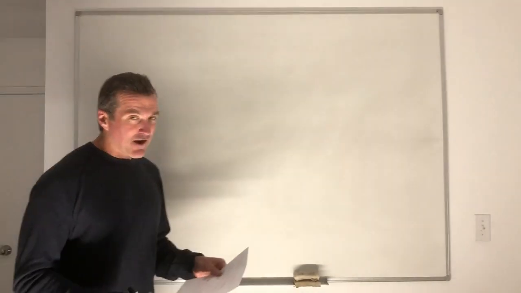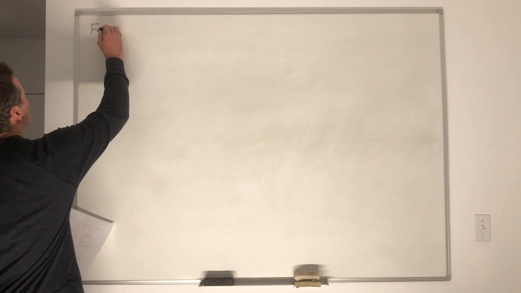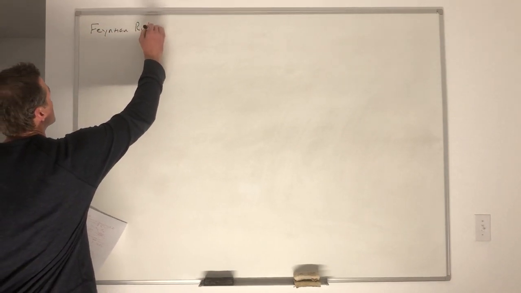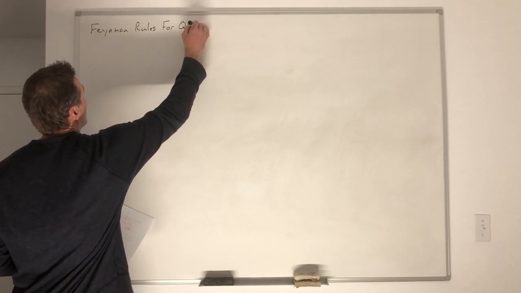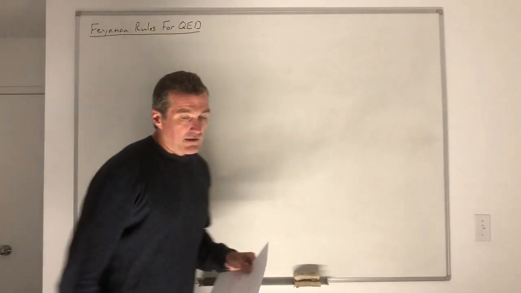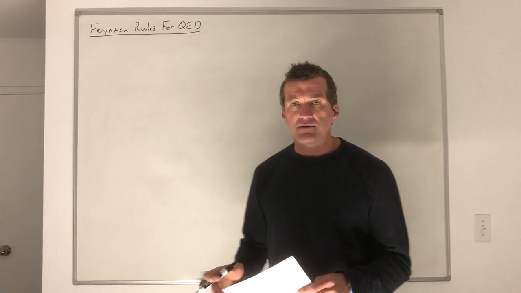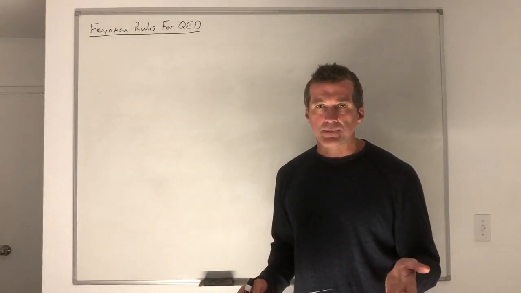So I am going to start with the Feynman rules for QED. The Feynman rules for QED are more complicated than the Feynman rules that we learned how to apply to the ABC theory, but honestly, they're not that bad, okay?